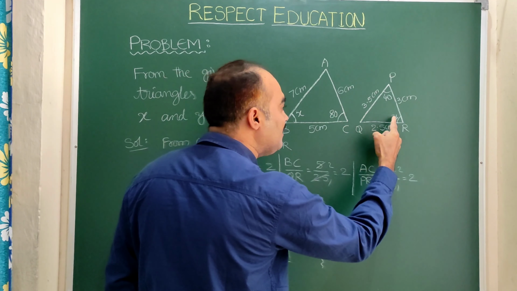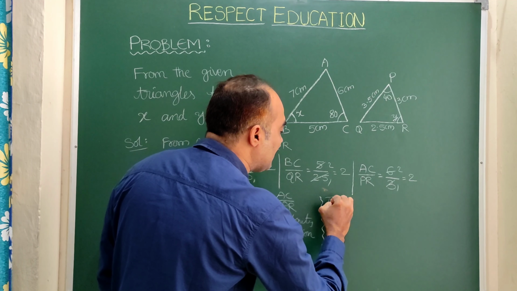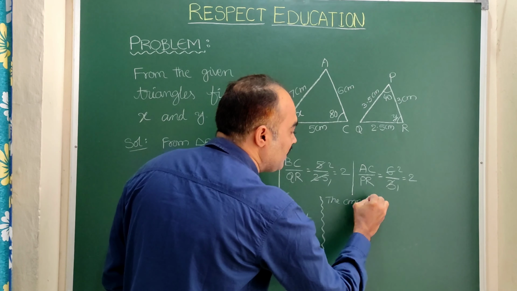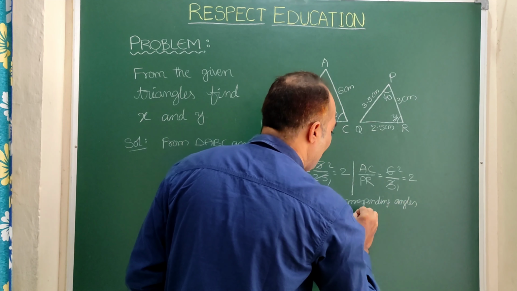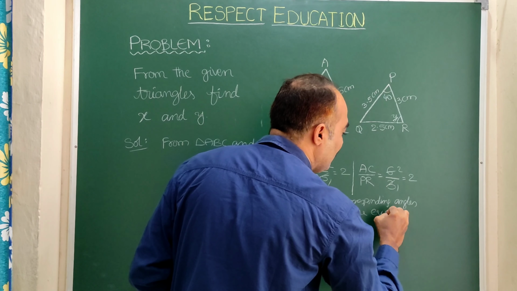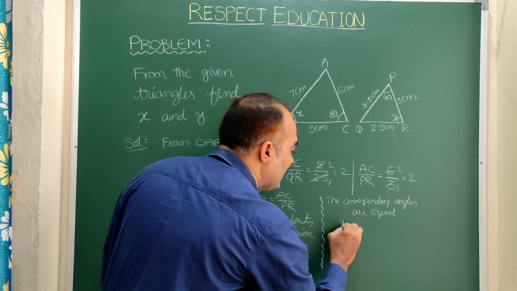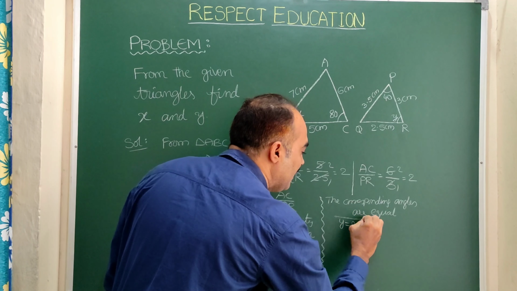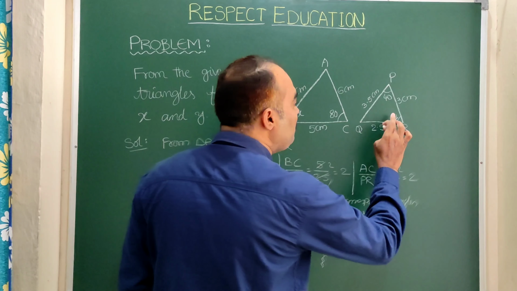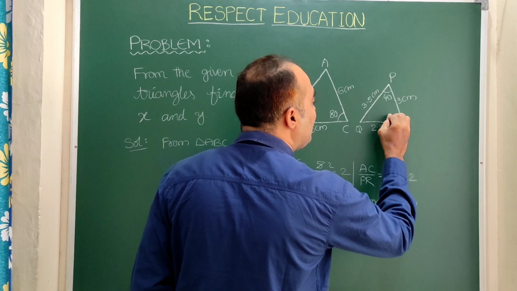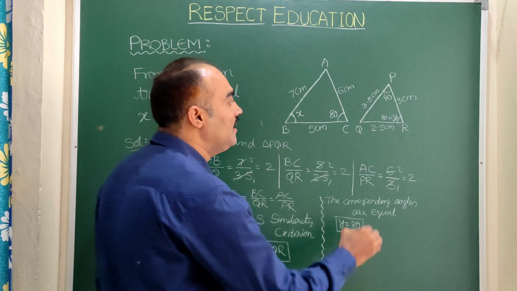So let us write the value of Y first. The corresponding angles are equal, that is the reason Y is equal to 80. Now in place of Y, I am going to write 80.